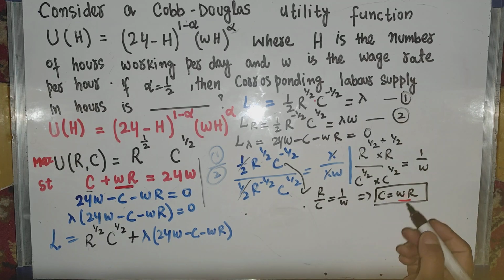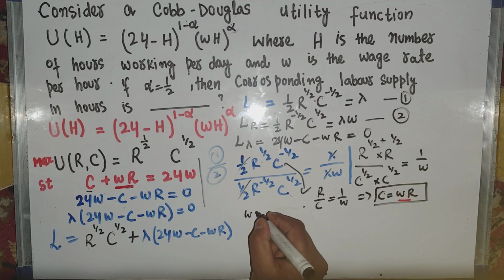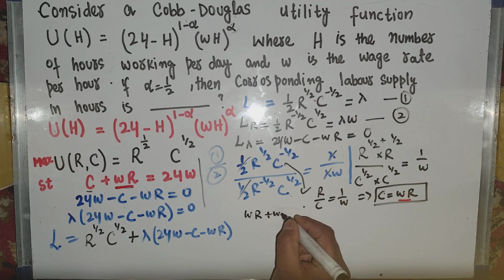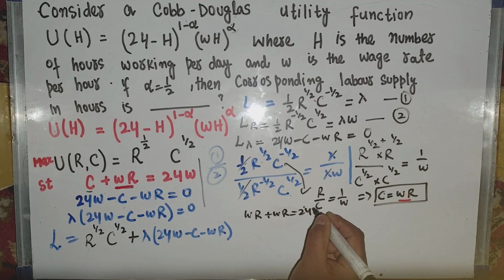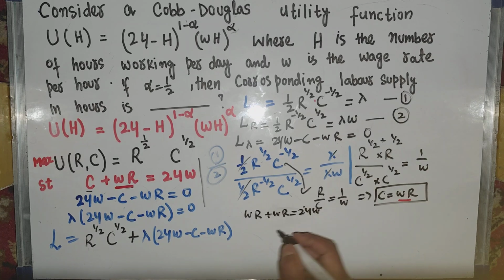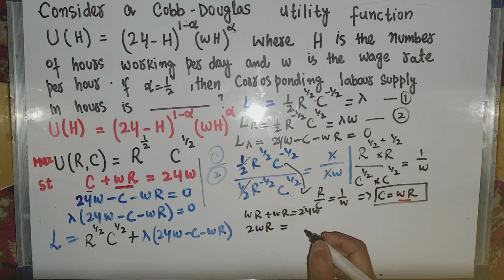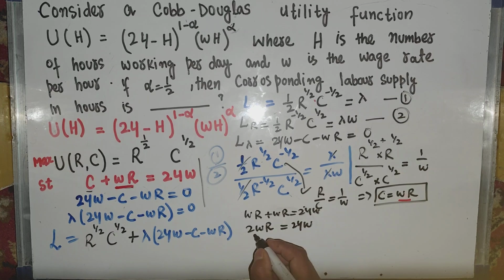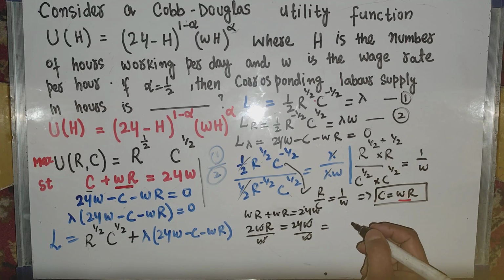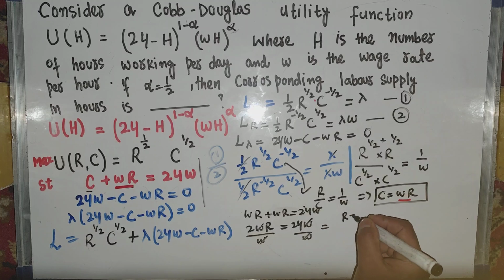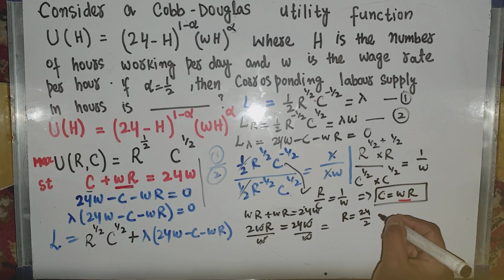In place of C we have WR, so WR plus WR is equal to 24W. So 2WR is equal to 24W, and dividing both sides by W, it gets cancelled. That means R is equal to 24 divided by 2, that is equal to 12.